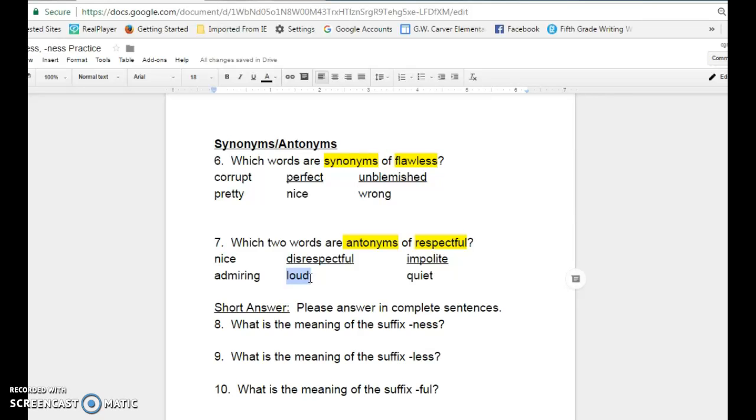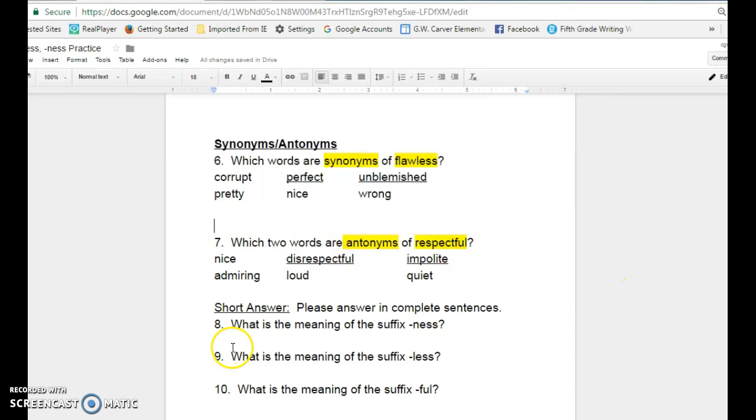If they're all the way across the room, right? So I don't think I would count that as quite an antonym. Quiet. I've seen people that were quiet, but not necessarily respectful. You can whisper disrespectful things, so that is not a good antonym. So the correct answers are disrespectful and impolite, because antonyms are the opposite of the word.